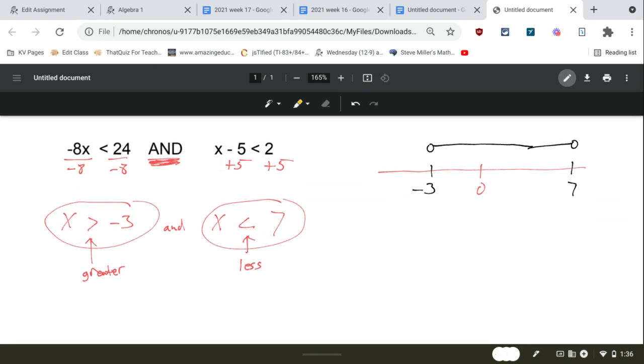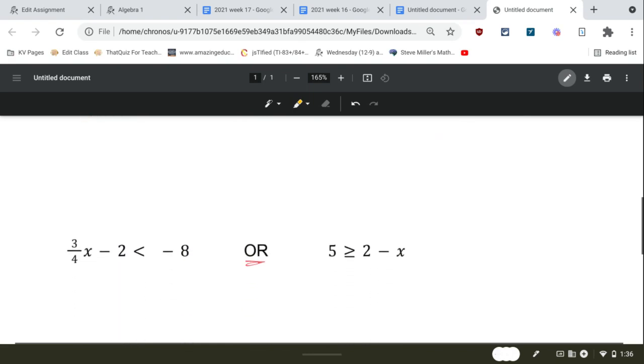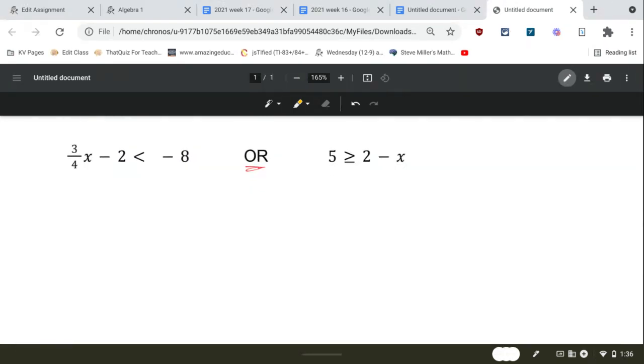All right, let's look at an or statement this time. Again, I'll just solve the one on the left and solve the one on the right. So the one on the left, I'll add 2 to both sides. That's going to leave me with 3/4 x is less than -8 plus 2 is -6. Okay, and then I'm going to get rid of the fraction part. I'm going to multiply the whole thing by 4 to clear that denominator.